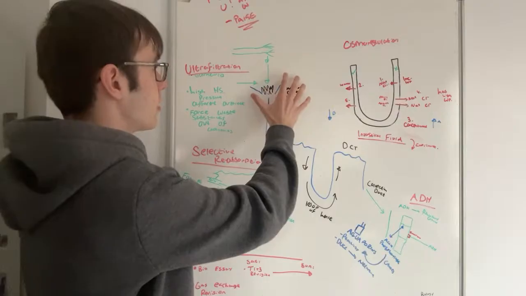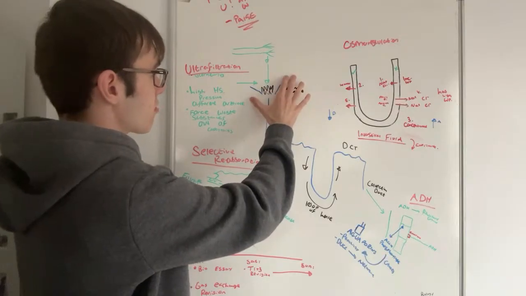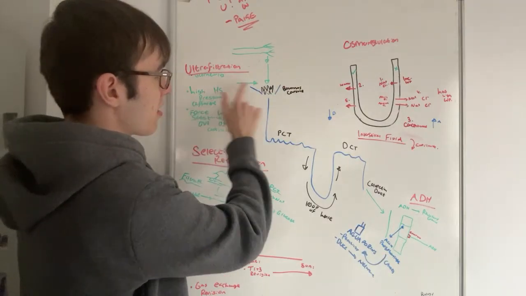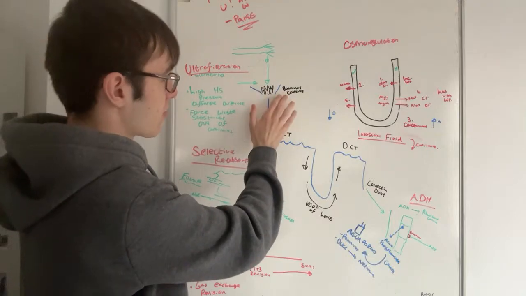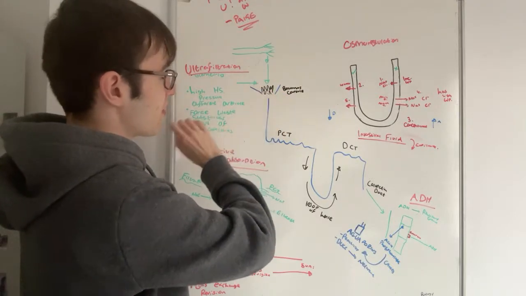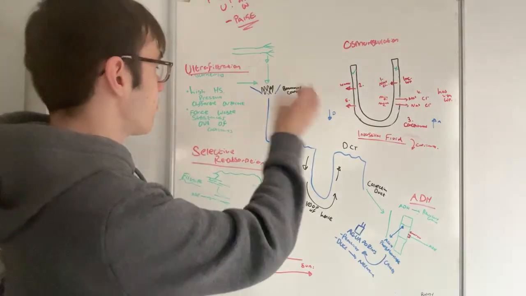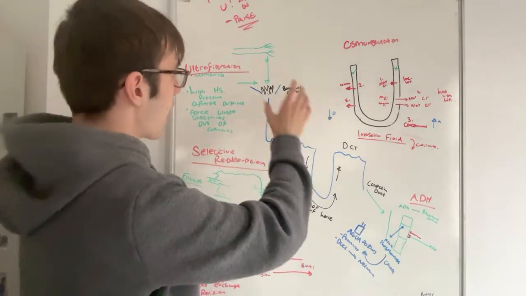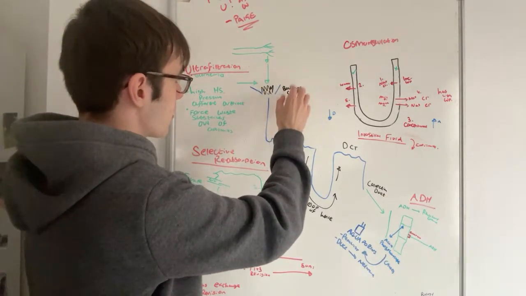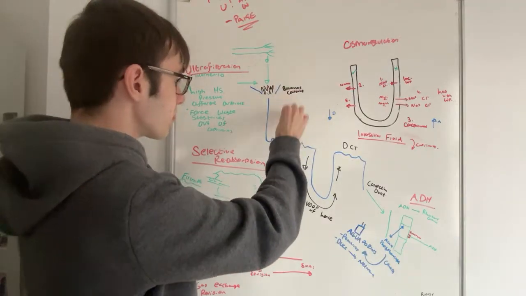In this general area here is where ultrafiltration occurs. We have the afferent arteriole, which comes into the capsule itself. This is at a high pressure, which means it's going to force all of the waste substances out of the arteriole, out of the capillaries, and into the capsule.